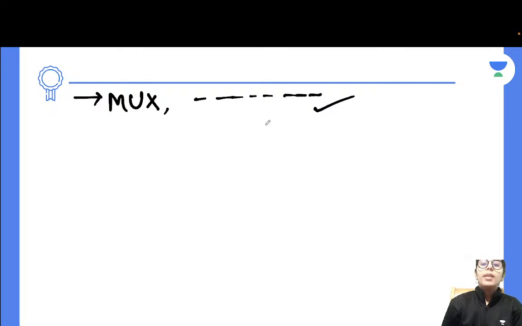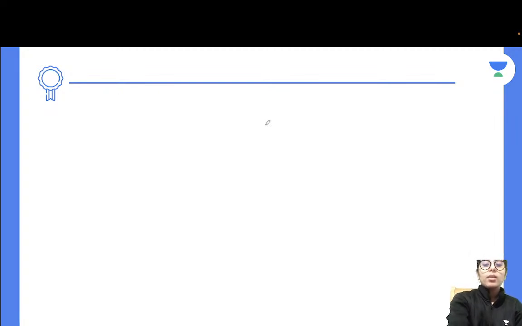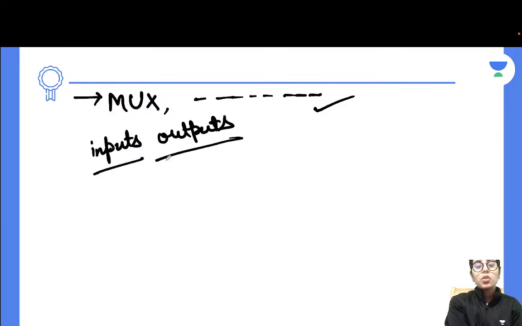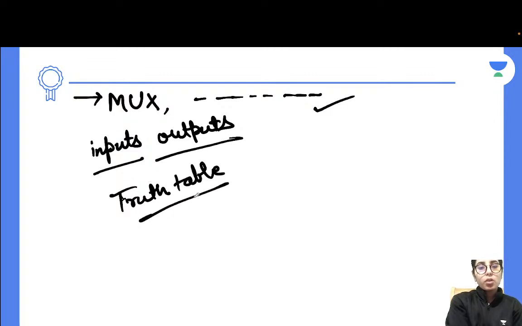Now the next one is, in these cases, you should know the number of inputs and the number of outputs. Then the next is how it works, and what kind of truth table you are going to have for this specific case. That will make everything clear to you if you prepare it this way.